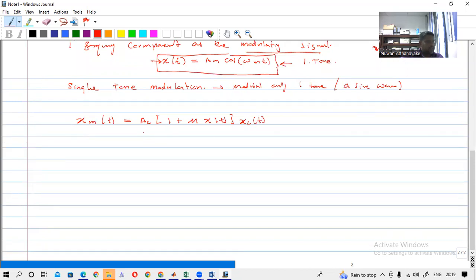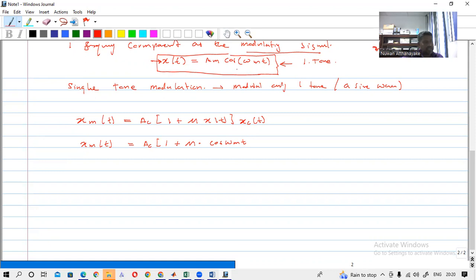If I write it in terms of these signals, s m t is equal to Ac, where Ac is the carrier amplitude, times 1 plus mu, and this xt should be without the amplitude, so it is only cos omega m t. It is divided by the amplitude actually.